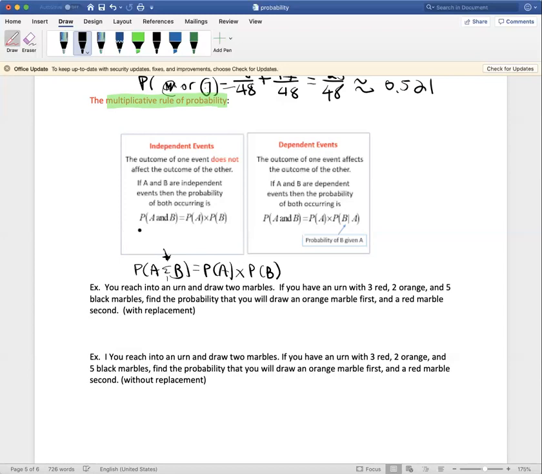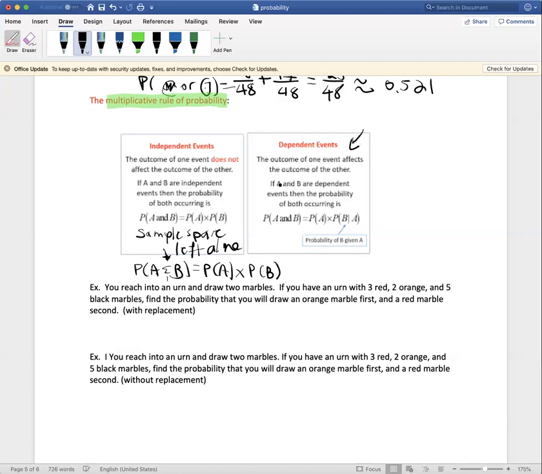So this idea that the outcome of one event does not affect the outcome of the other means that the sample space is not going to be messed with. The sample space is left alone. And I want to compare that with 2 events that are dependent, where the outcome of one event affects the outcome of the other.